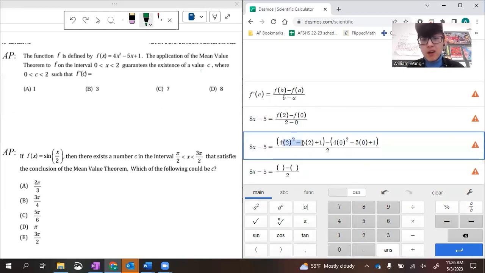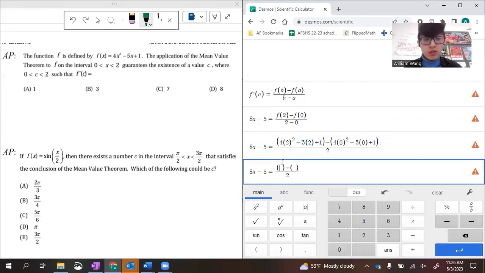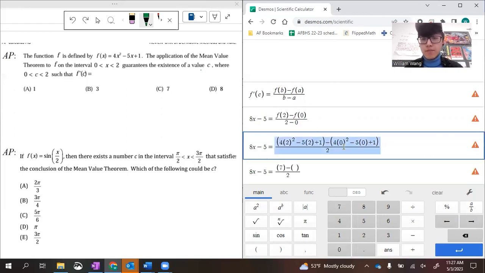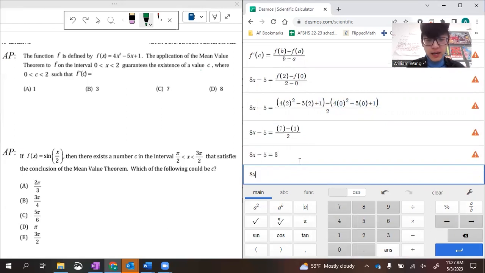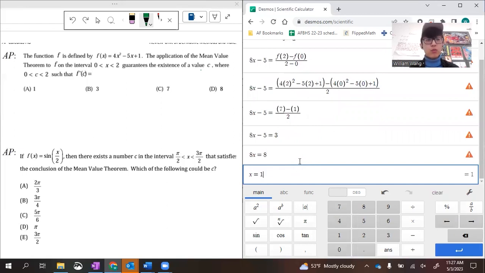The top, I'm just going to do mentally, but you can use a calculator or write it out. That's 4 times 4, so 16 minus 10 plus 1, so that's going to be 7. These two turn into 0 plus 1, so it's just 1. So it turns into 8x minus 5 is equal to 3, which means 8x is equal to 8, which means x is equal to 1.